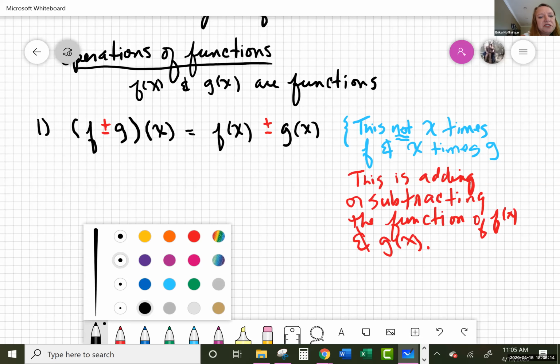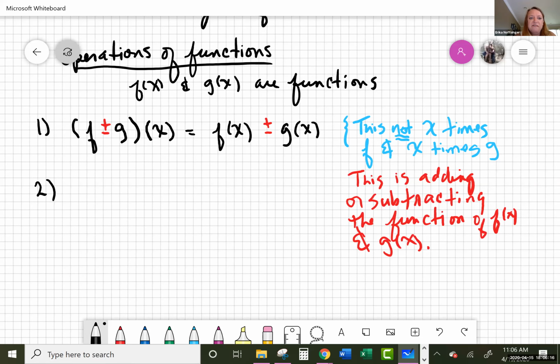Other notations, so if it's telling you that you're going to divide your function f of x and g of x, it would be written as parentheses, with an f in the numerator and a g in the denominator, and then parentheses with an x. So this is just saying f of x all over g of x.